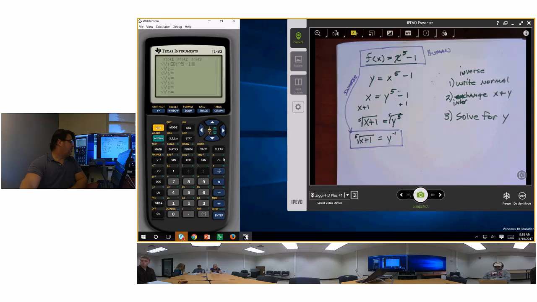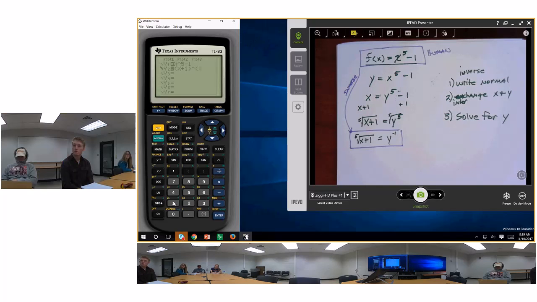And I'm going to make the second one darker. I'm going to do the fifth root, so that's going to be (x plus 1), close parentheses, to the what power? 1/5. Fifth power.